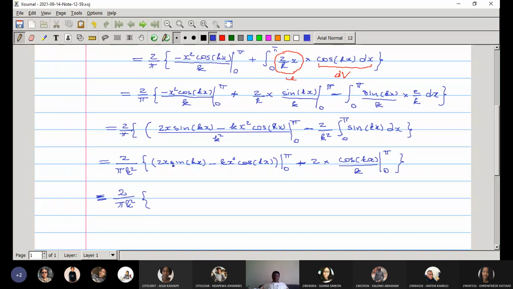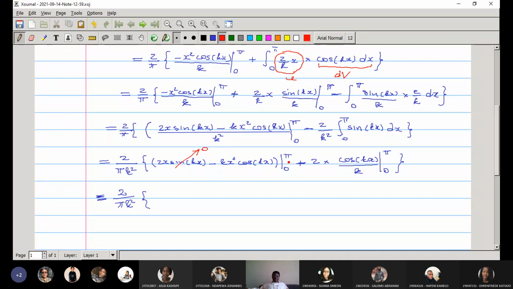So if you substitute x equal to pi, I go inside here. That will be for the first one. For the sine, it will be k pi. So this will always be 0 for k pi, right? And also at 0, this will also be 0. So the contribution of sine will always be 0. I could have even done that above, but it doesn't matter. It doesn't hurt anyone.